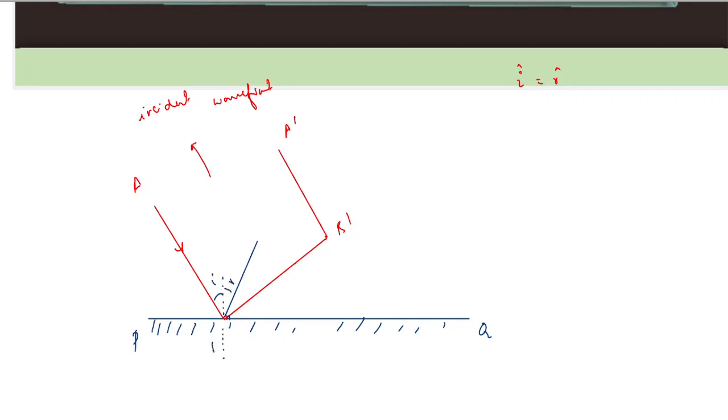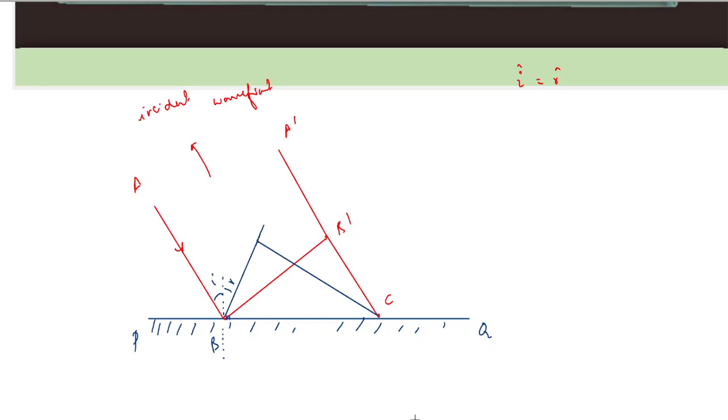This is the point B somewhere here. By the time the point B dash comes to the interface, the boundary, let's call this point C. The wave from point B has gone to some point here. A common tangent is drawn from here to here. So it would go like this.